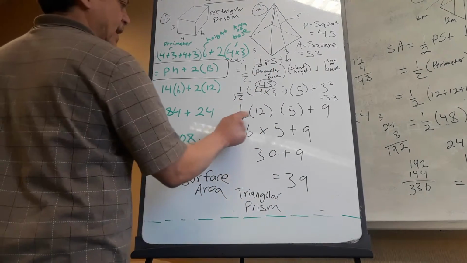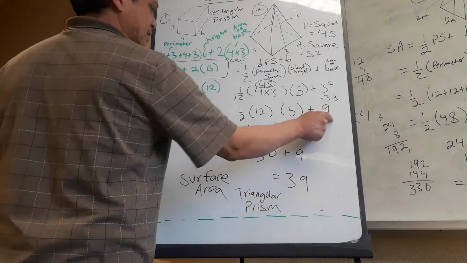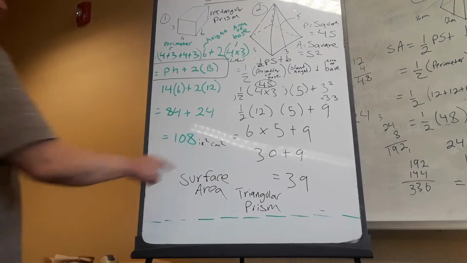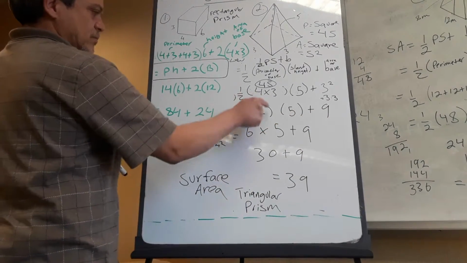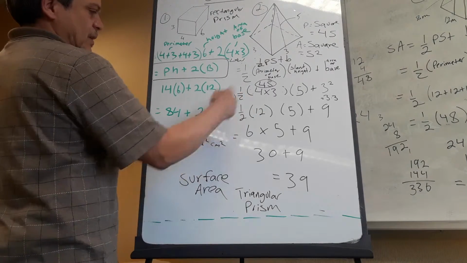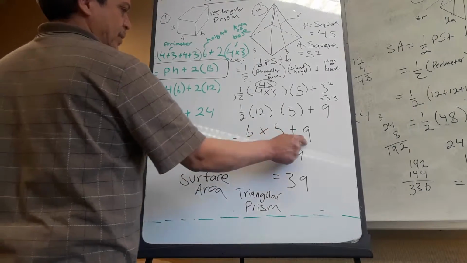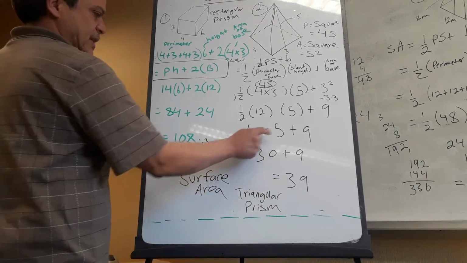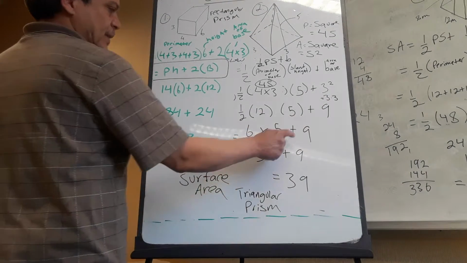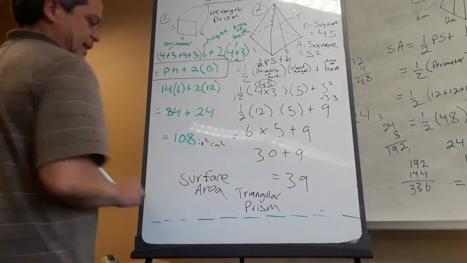So 1/2 times 12 times 5 plus 9. Half of 12, or 0.5 times 12, is 6. Times 5 plus 9. 6 times 5 is 30, plus 9 is 39.